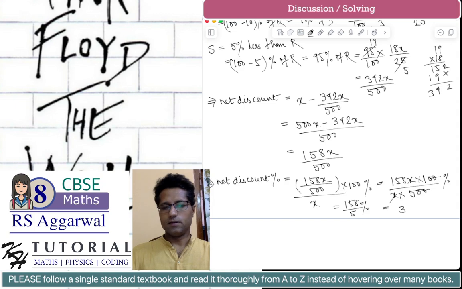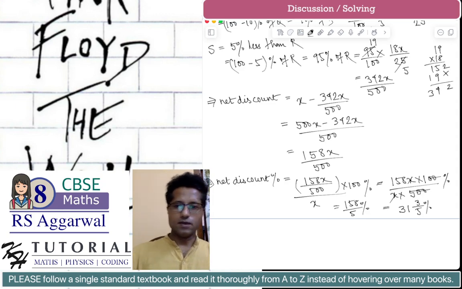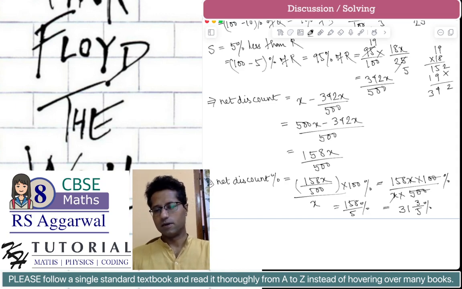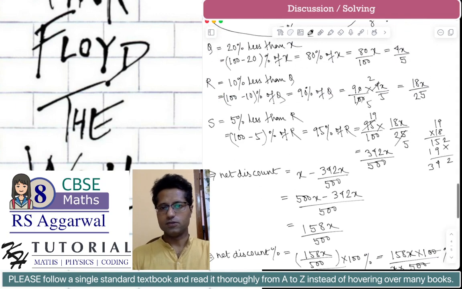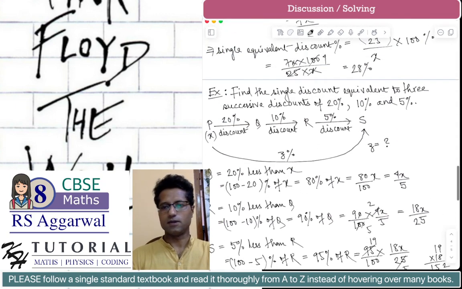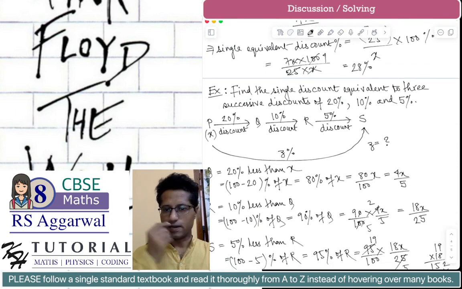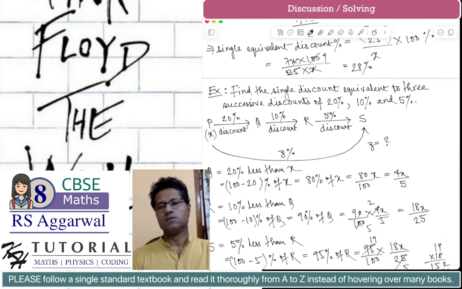So 31 and 3 by 5 percent. So the single equivalent discount is 31 3 by 5% for 3 successive discounts of 20%, 10% and 5%. So this is how you apply the concept of successive discounts to find a single equivalent discount and also the intermediate reduced price and the final selling price.